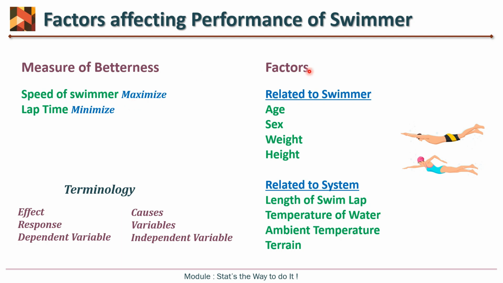Then what can be the factors which can affect the lap time? Factors related to swimmer are age, sex, weight and height of the swimmer. Some factors related to systems will also play a role, like length of swimming pool or swim lap, temperature of water, ambient temperature and terrain.